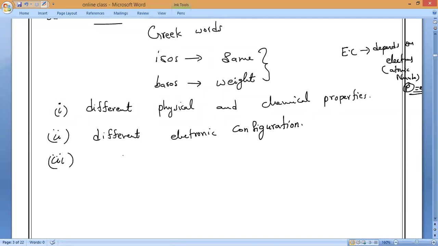So isobars do not have the same electronic configuration. That is what you have to remember.